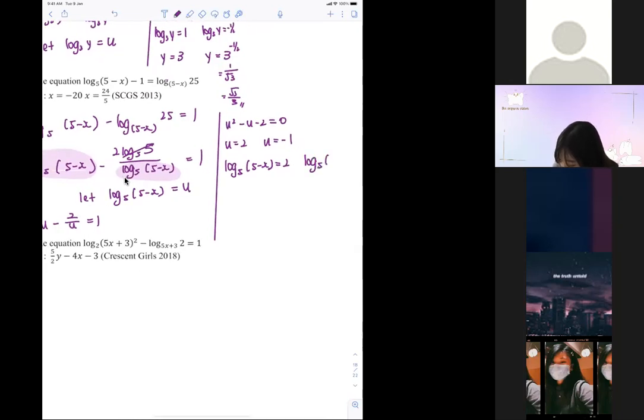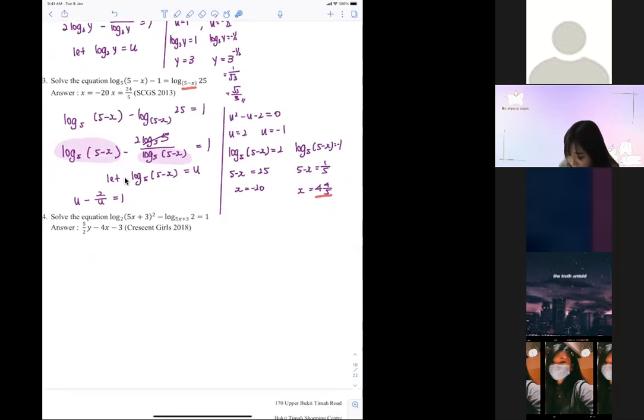Log 5, 5 minus x equals to minus 1. Power bring over: 5 minus x equals to 25, x equals to minus 20. 5 minus x equals to 5 power minus 1, which is 1 over 5, x is 4, 4 over 5. Okay, once you found x, you sub x back. x can be a negative value because it will become positive. This one, bracket is still positive, so both can be accepted.